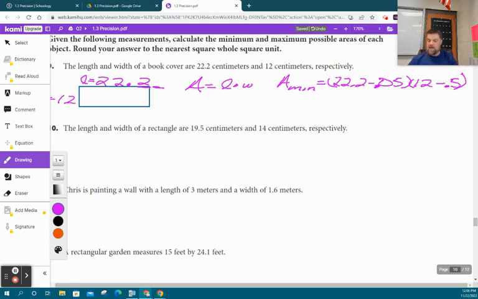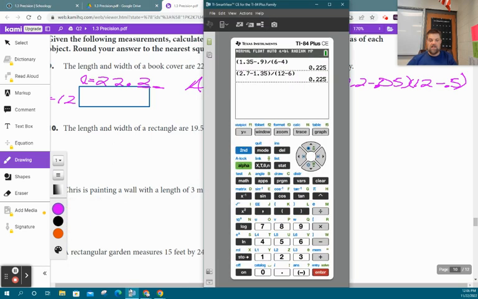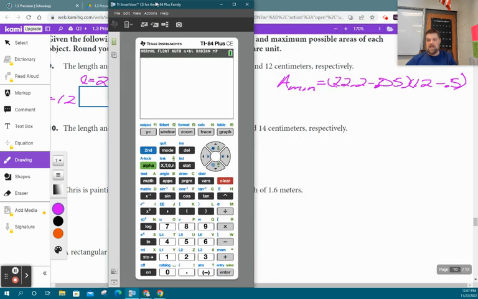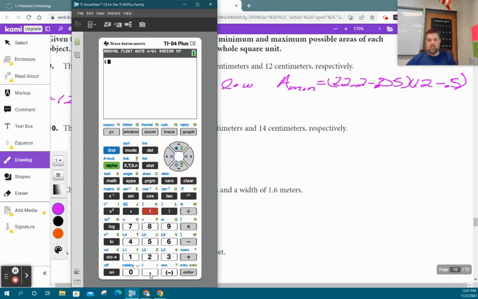So I could do that on my calculator. Get your handy dandy calculator, fire those bad boys up, and I'm going to say in parentheses 22.2 minus 0.05 times the quantity 12 minus 0.5.